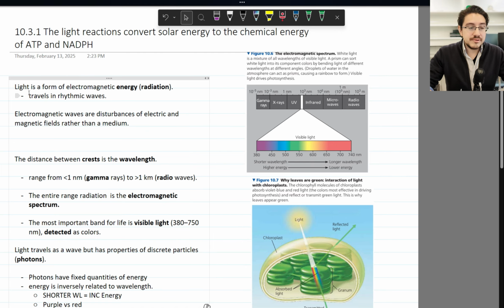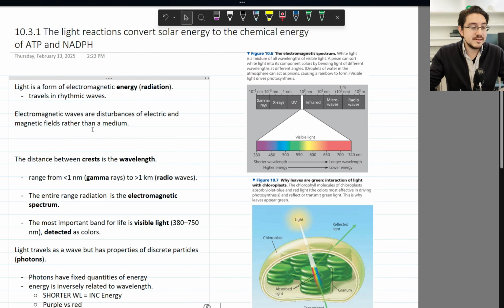So light in itself is a form of electromagnetic energy, okay, radiation, and it travels in rhythmic waves. And being an electromagnetic wave, these are disturbances of electric and magnetic fields that are passing from the source to whatever it hits.